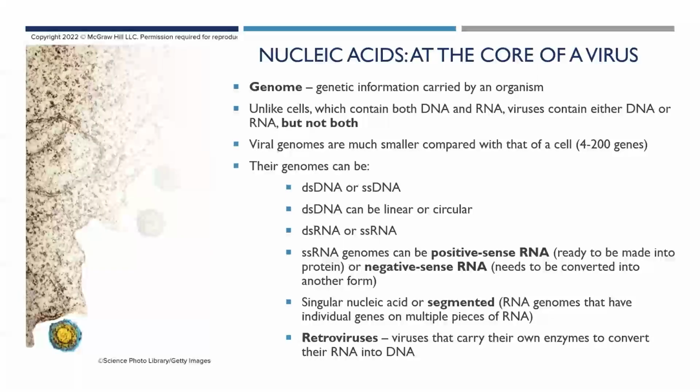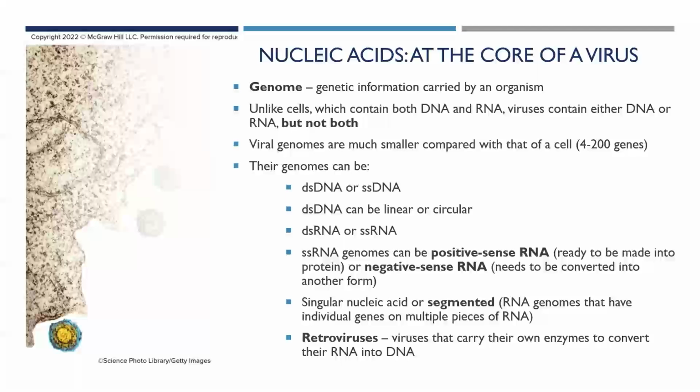We can also have double-stranded RNA, so still having A's, U's, and so on, the same base pairs you would find in RNA, but they could be double-stranded, looking more like DNA, or they could be single-stranded.